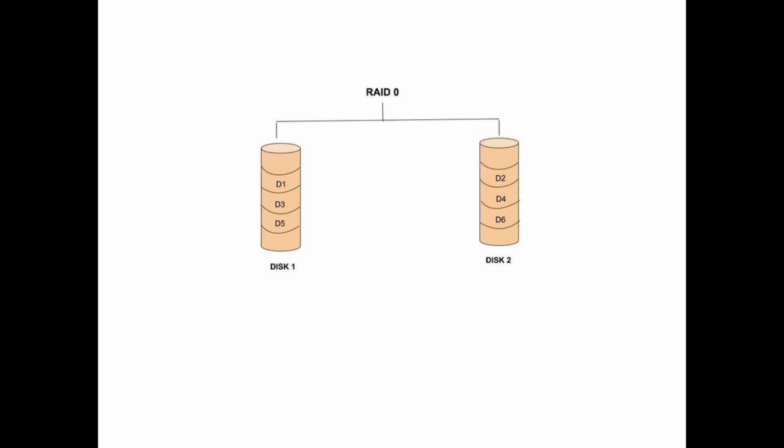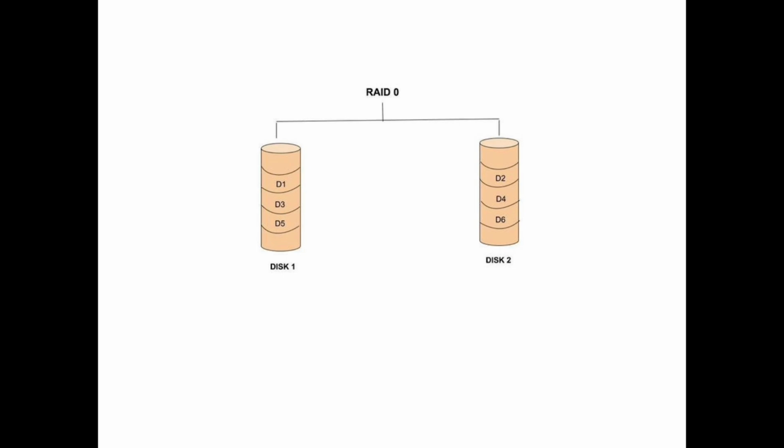D1 is stored in disk 1 and D2 is stored in disk 2, and at the same time D3 is stored in disk 1 and D4 is stored in disk 2, and D5 is stored in disk 1 and D6 is stored in disk 2.